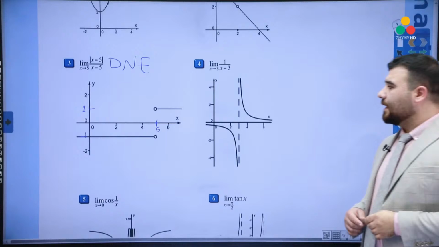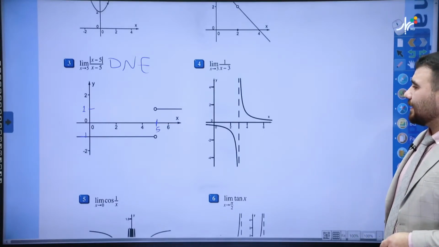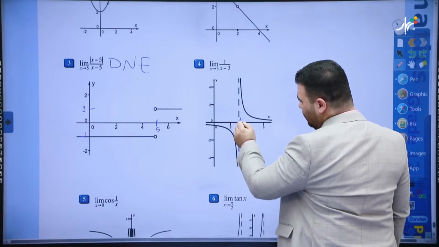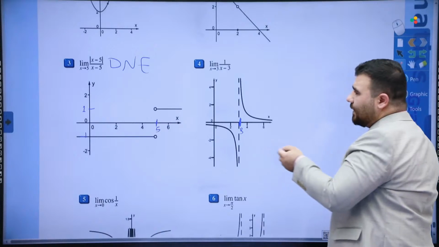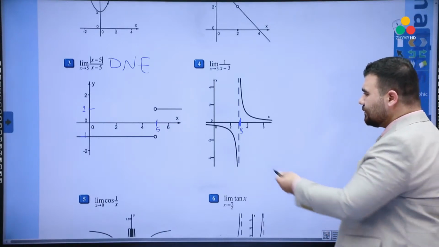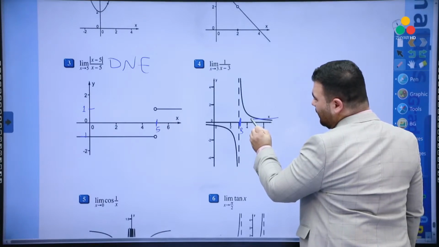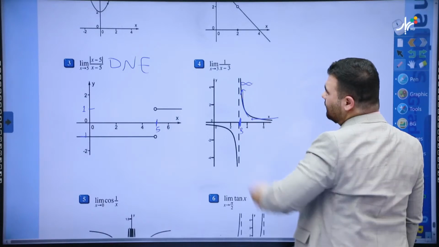Question 4. Limit as x tends to 3 of 1 over x minus 3. Again, the problem of this function is at 3. At 3, the graph is two pieces. Every time you see the graph is two pieces, we need to do left and right. If we approach 3 on the right side, the result is going to positive infinity.